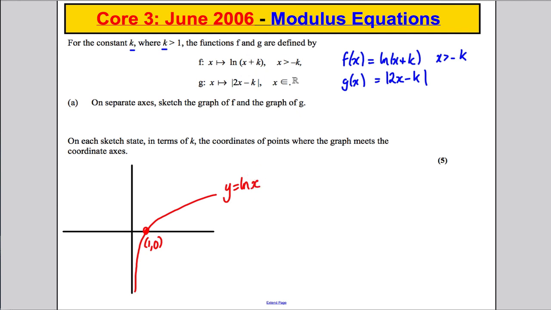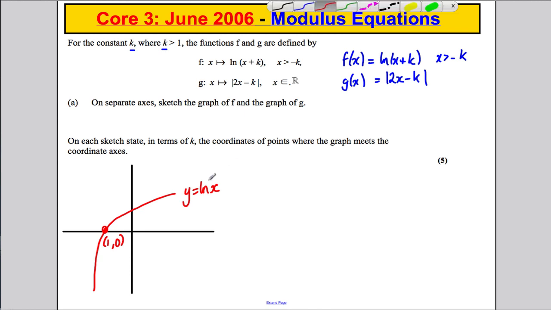However, this graph is ln of (x plus k), so we are shifted over by k units in this direction. This point here would no longer be (1, 0), it would actually be (1 subtract k, 0).